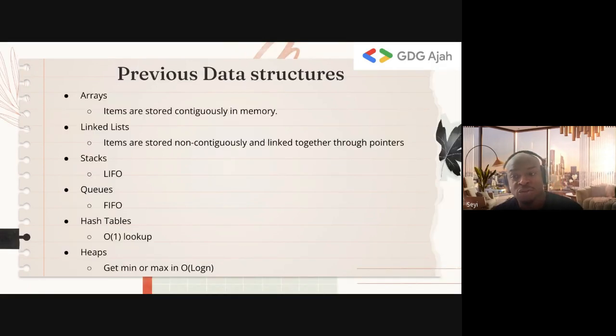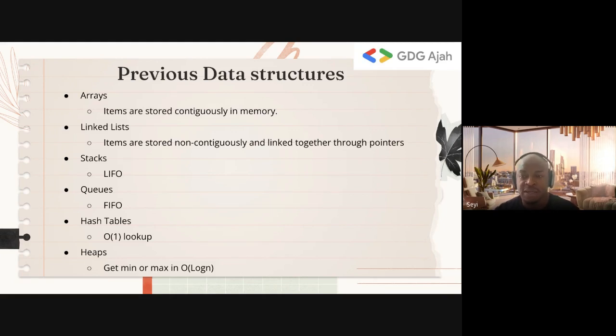So, recapping the previous data structures we've talked about: arrays. The key thing about arrays is that the items are stored together in memory, so you can easily find the position of an item and easily get an item. Linked lists, on the other hand, are stored non-contiguously and are linked together through pointers.